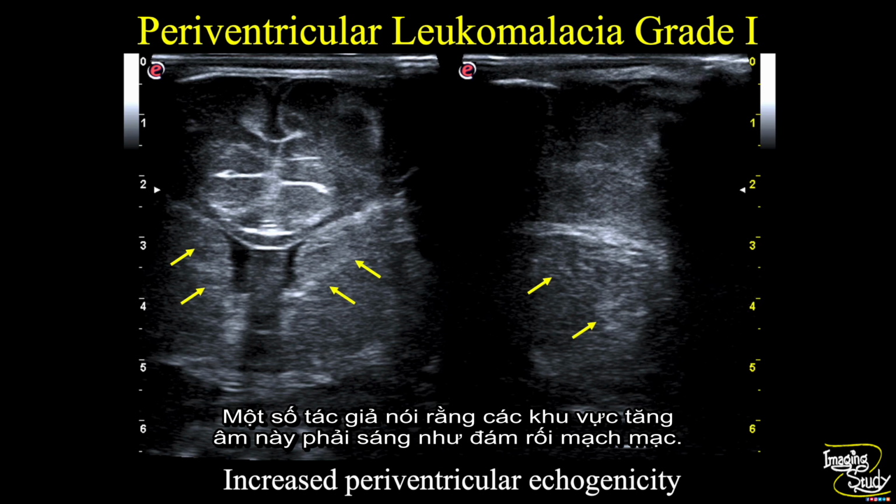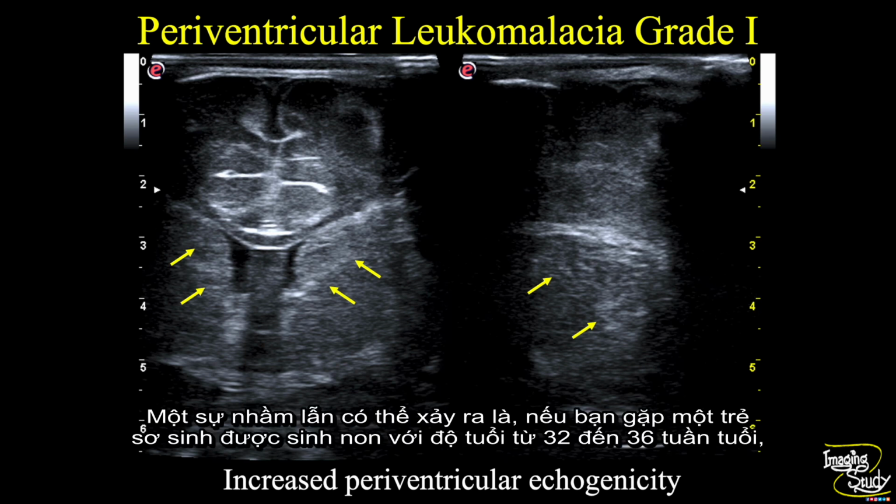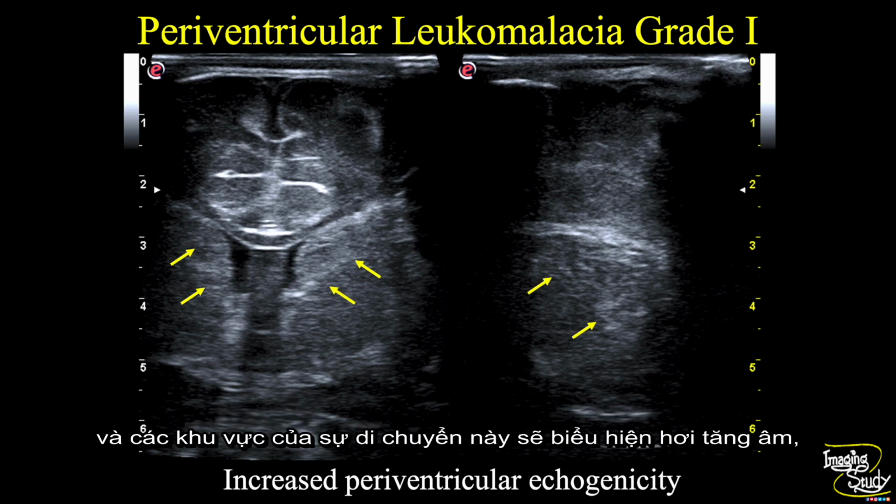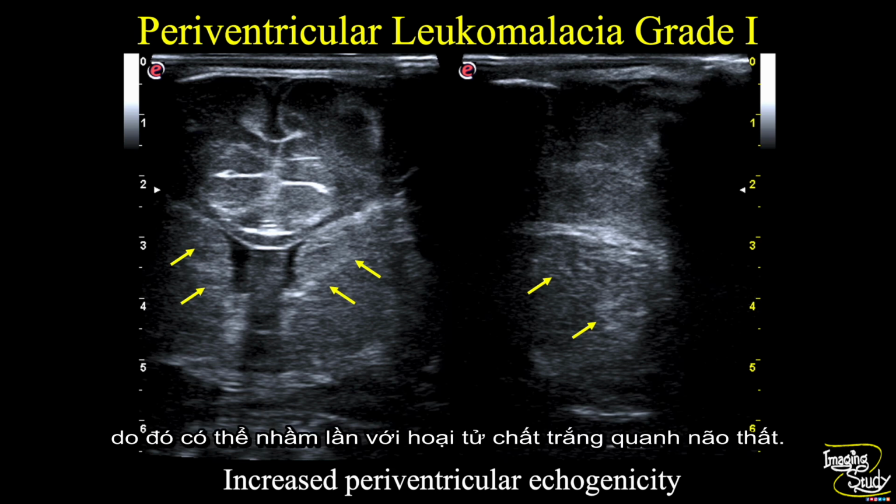Some authors say that these echogenic areas should be as bright as the choroid plexus. A confusion appears at this point is that when you get a premature neonate at around 32 to 36 week age, there is normal migration of cells from germinal matrix to the brain parenchyma. At that time, these areas of migration appear slightly echogenic, so it makes a confusion with the periventricular leukomalacia.